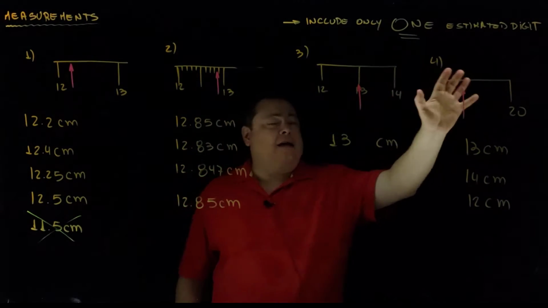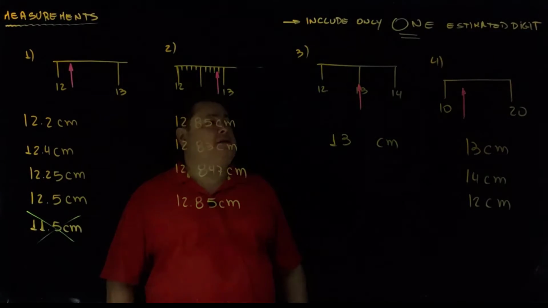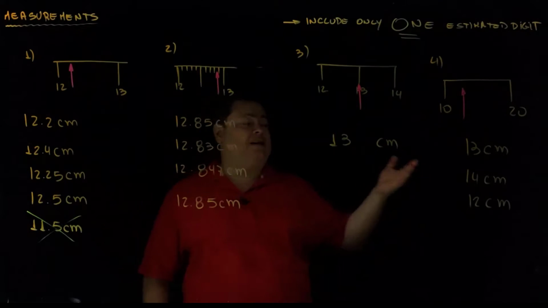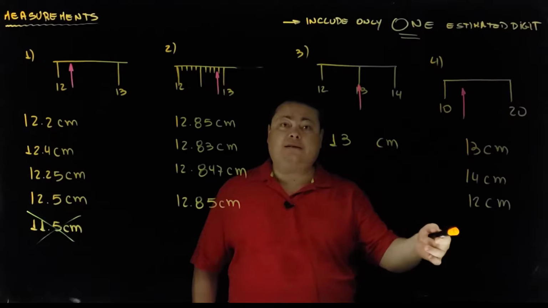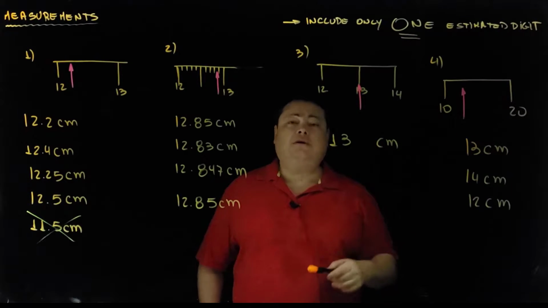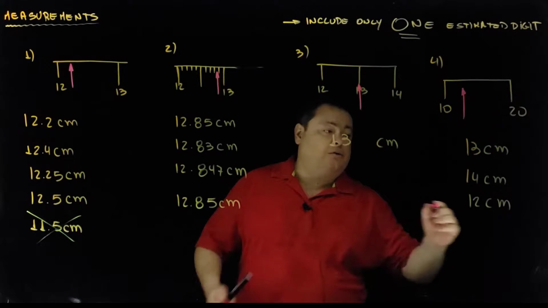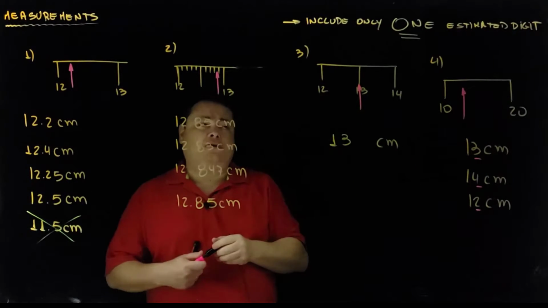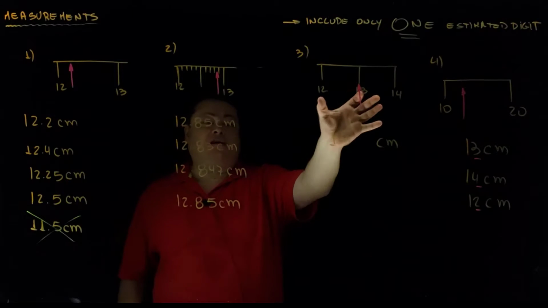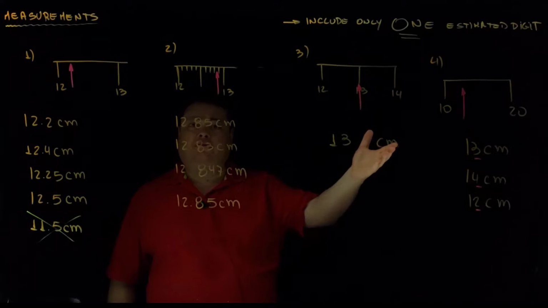Because what I can get out of example number 4 is that it is more than 10 and less than 20. So I'm certain about the tens, but I'm estimating the units. So these are my estimated digits. But when I come to this meter stick here, my certainty is a lot better than before.